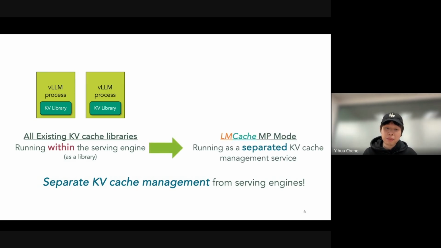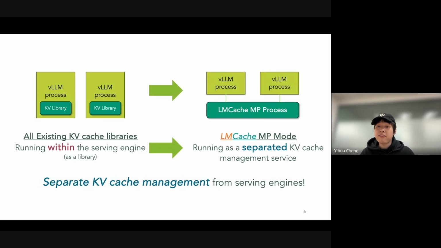What we do for the LMCache MP mode is run the KV cache management as a separate process, excluded from the vLLM process. And the vLLM process connects to this KV cache service and talks to it via long-running connections.